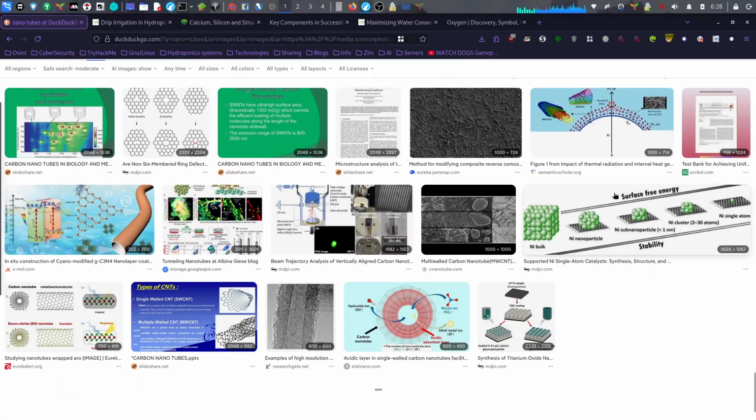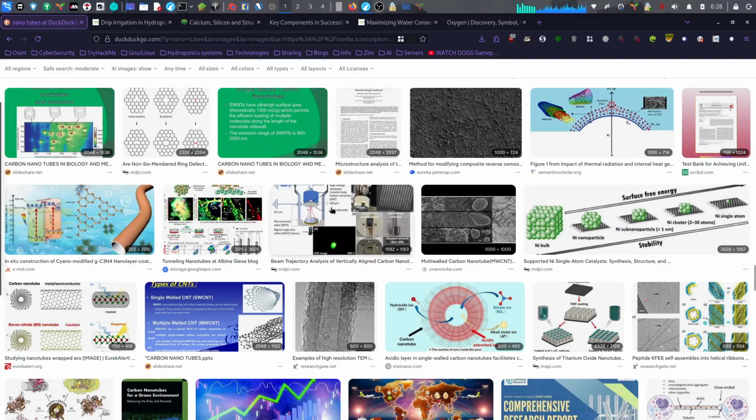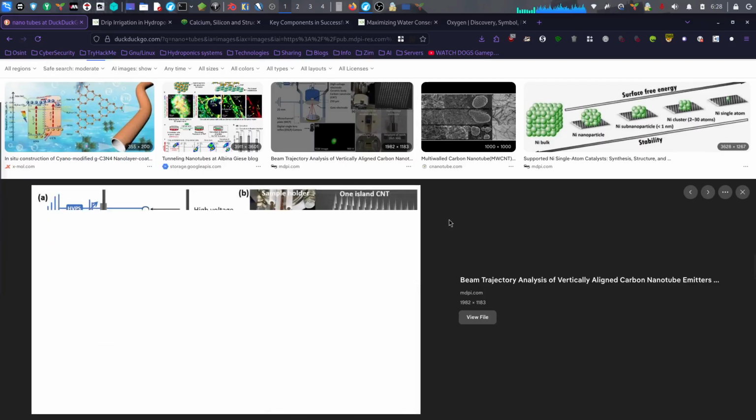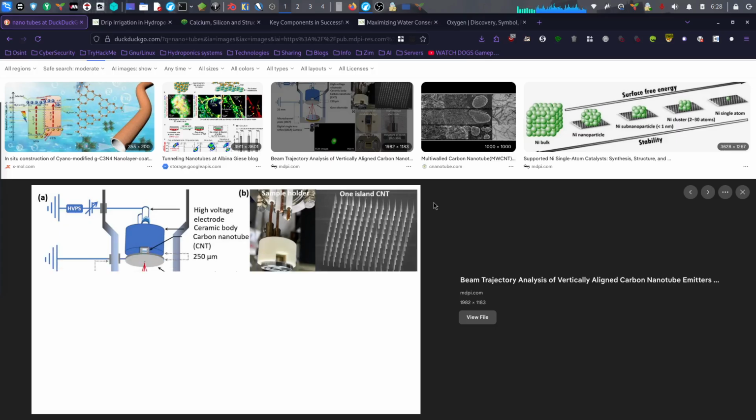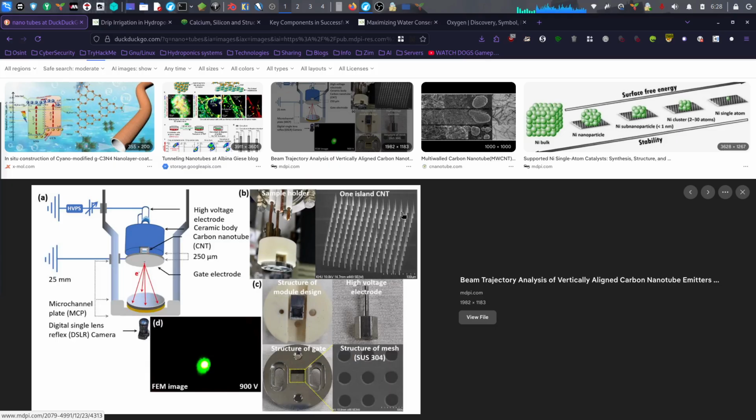No, not minerals. This is an electroscope.